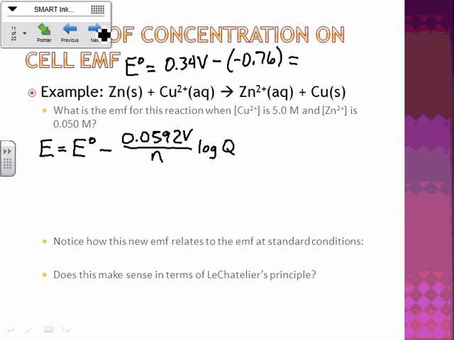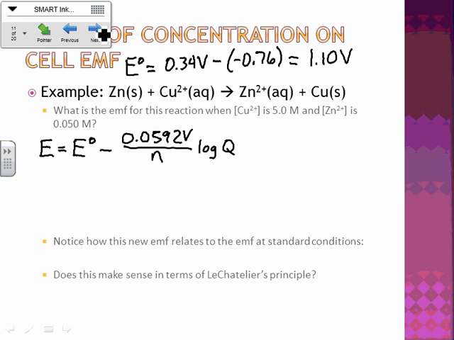So that gives us, again, I should be able to do this in my head. Whatever, my calculator was not right. 1.10. Again, I should have remembered that number from the other day because we did this one several times. Okay, so 1.10 volts, that's our E0.